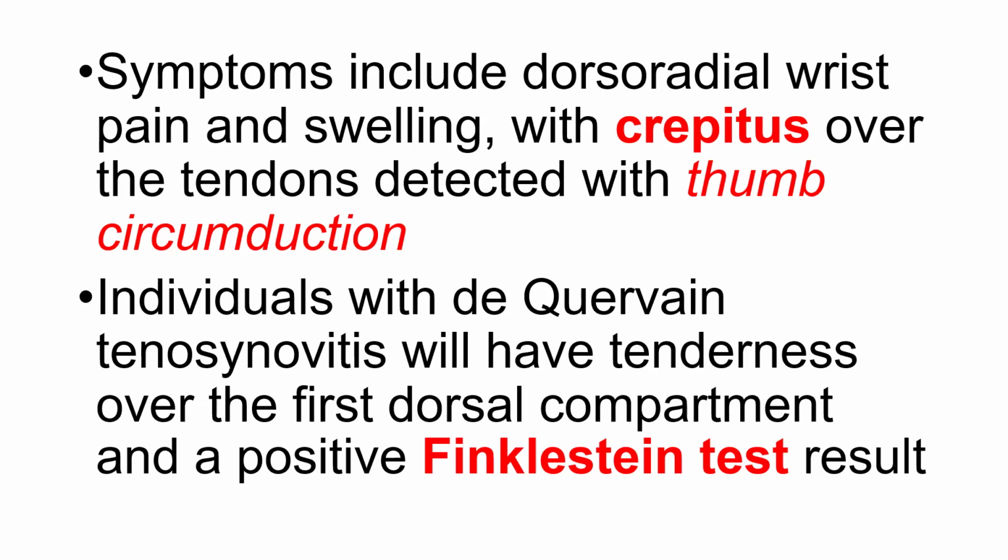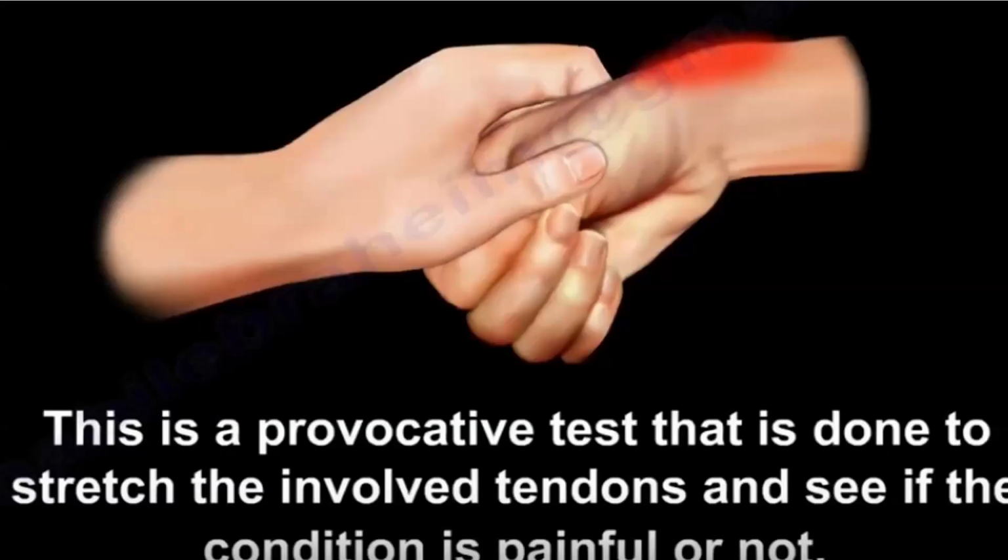They will have pain. This is how we elicit the test. You see the whole wrist is being adducted. The thumb is flexed. It is stretching the tendons within the tunnel. And this is a provocative test. By stretching the tendons, one would get pain and irritation.